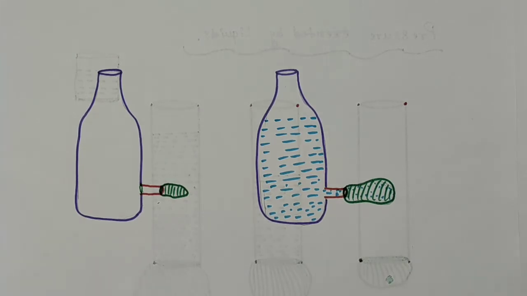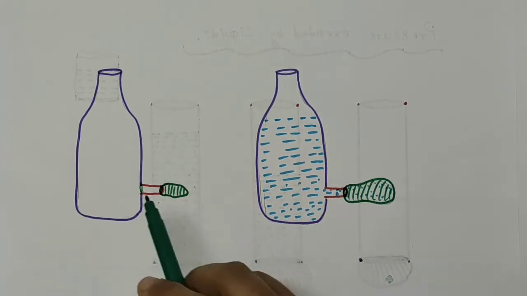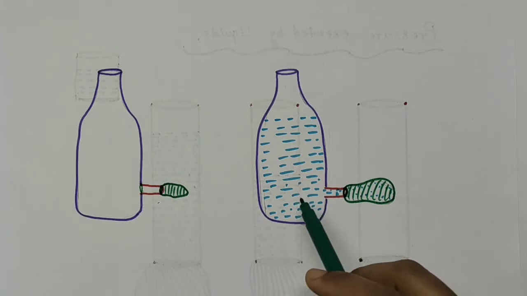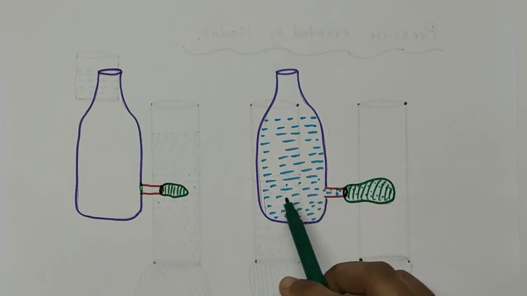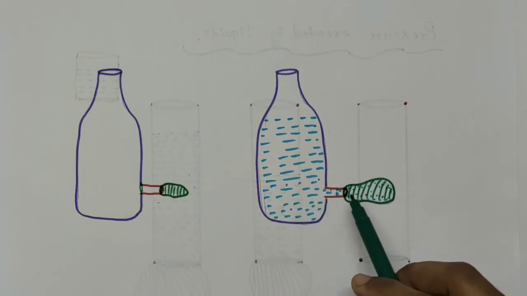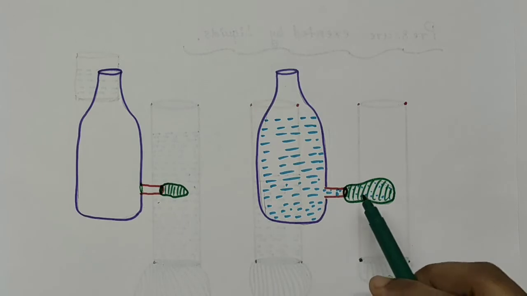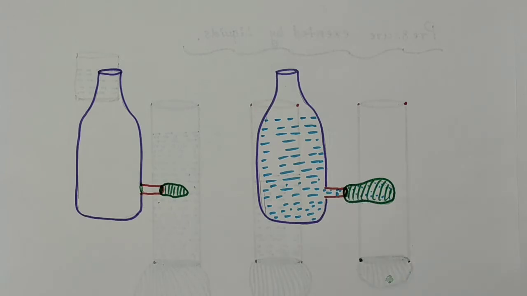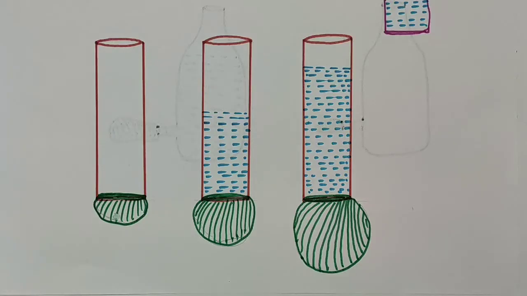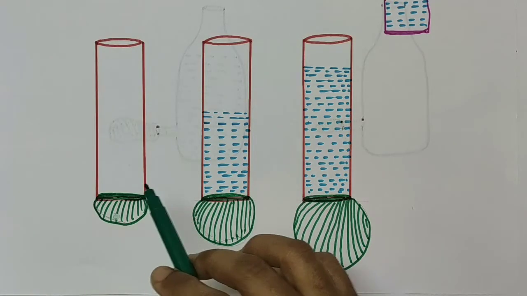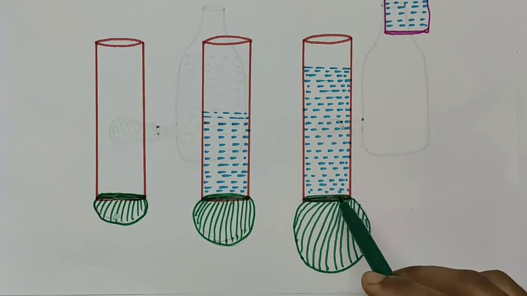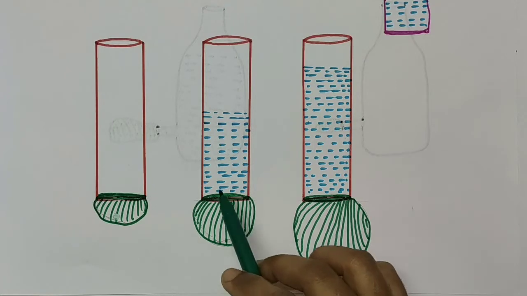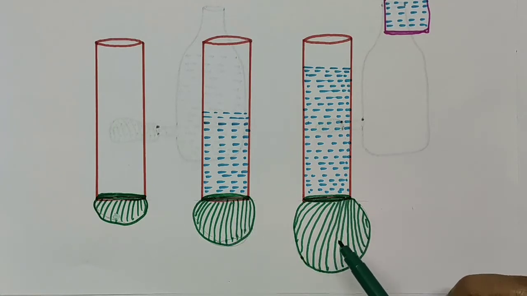So from this example, we have seen that water or any other liquid can exert pressure on the sides of the bottle or on the sides of any other container of the liquid. From the first example, we have seen that water or any other liquid can exert pressure at the bottom of the container.